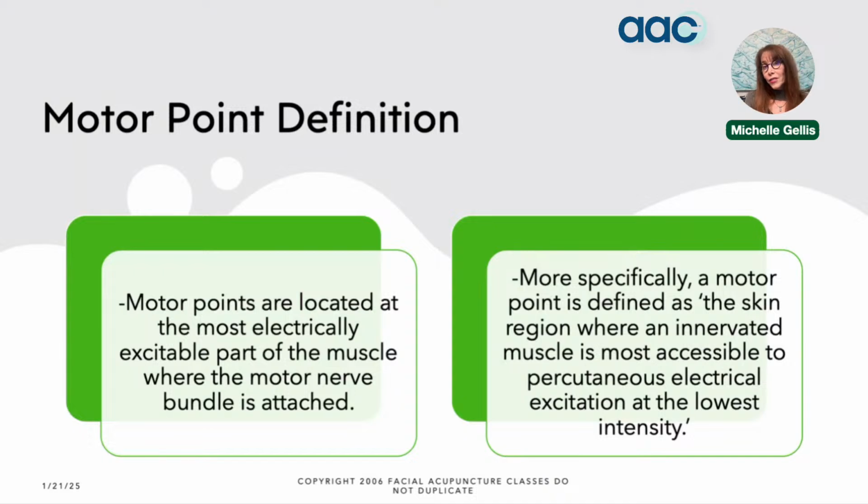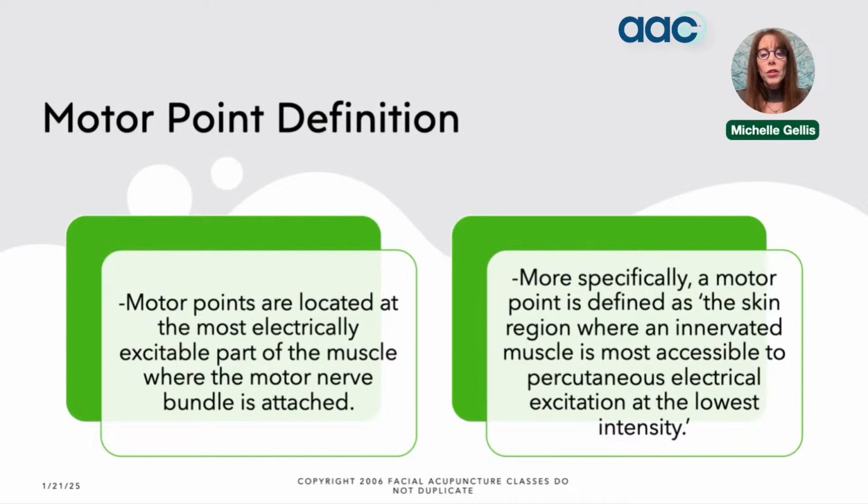But one of the things that I have found in my practice to be really beneficial when treating TMJ are facial motor points. So what facial motor points are, they're located in the muscle.